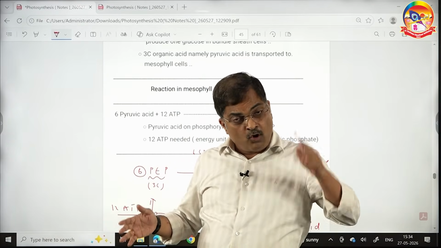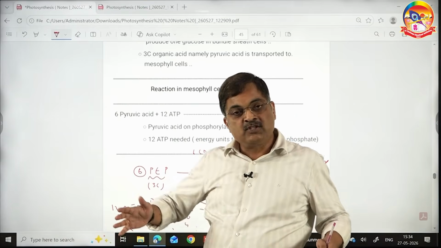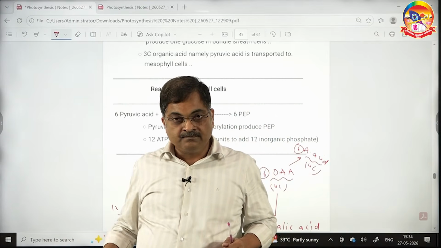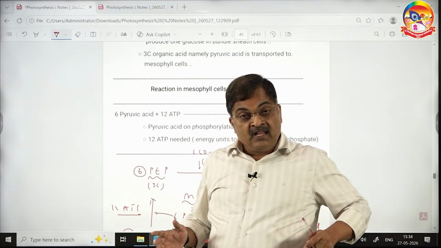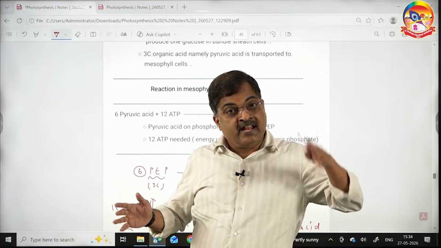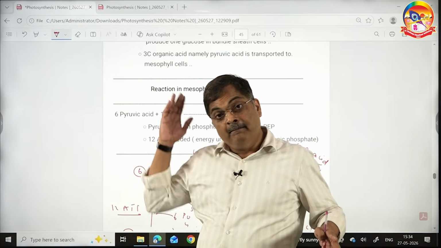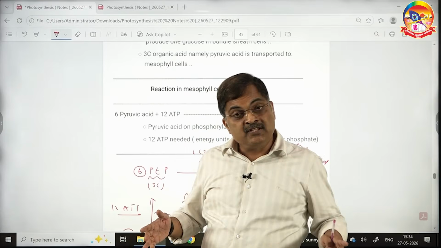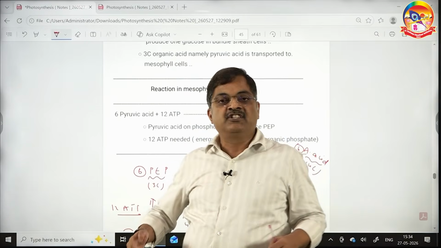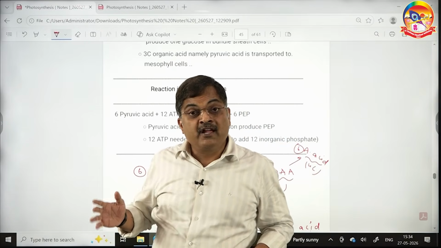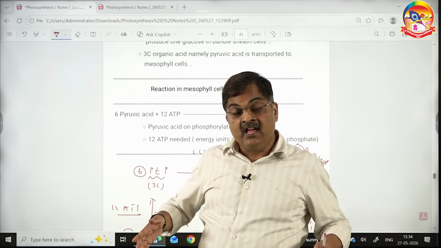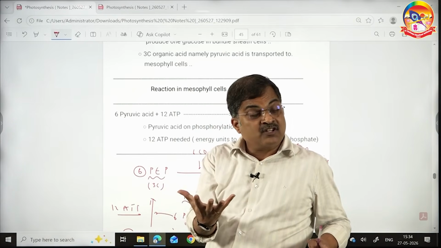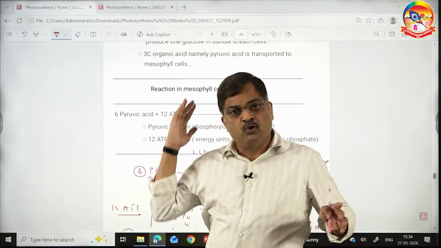Type of cells involved: only mesophyll in C3, mesophyll and bundle sheath in C4. Calvin cycle enzymes are present in mesophyll cells in C3, bundle sheath cells in C4. Starch is synthesized in mesophyll cells in C3, bundle sheath cells in C4. Photorespiration is seen in C3, can never be seen in C4 because rubisco is always exposed to CO2.